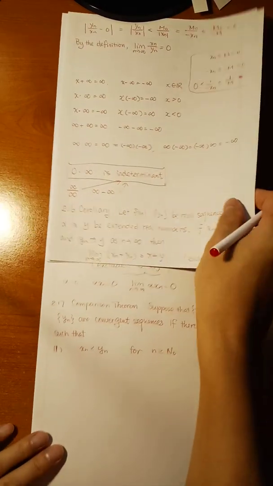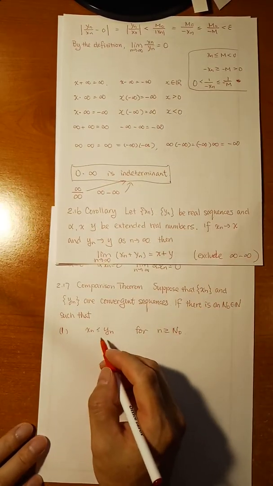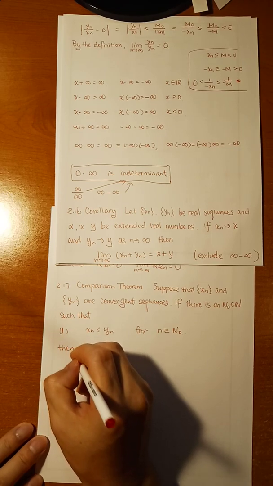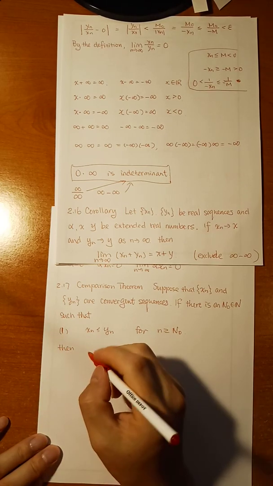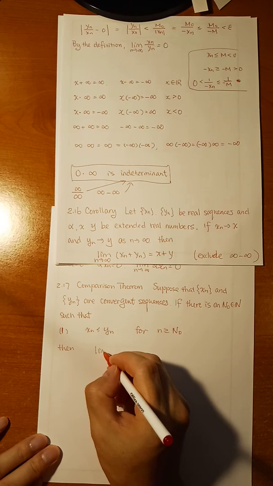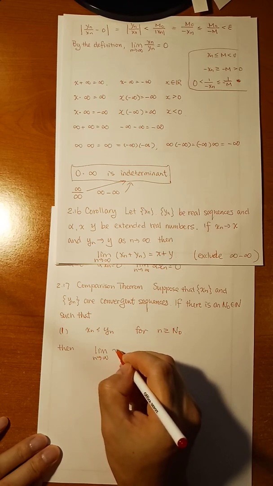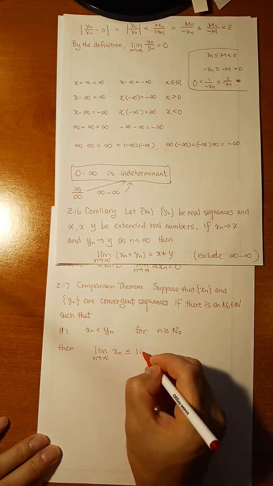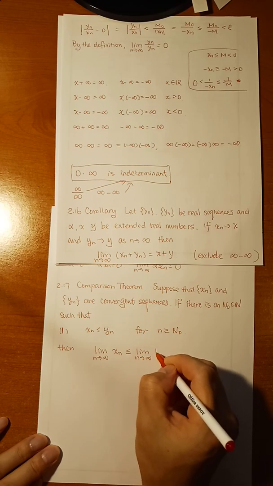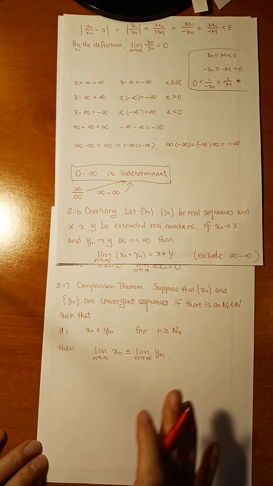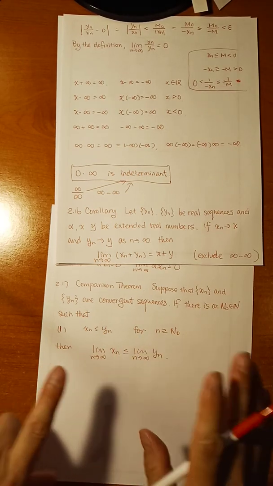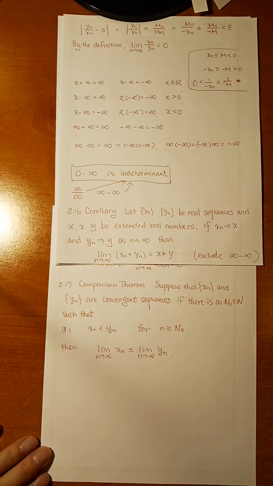So for sufficiently large n, they have this relation. Then what you can say is the following: the limit of xn should be less than or equal to the limit of yn. You cannot get equality because you only have one way. Okay.